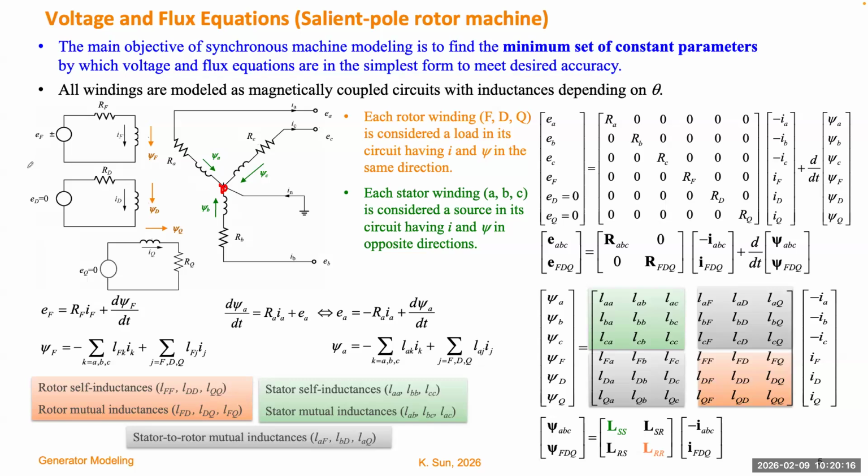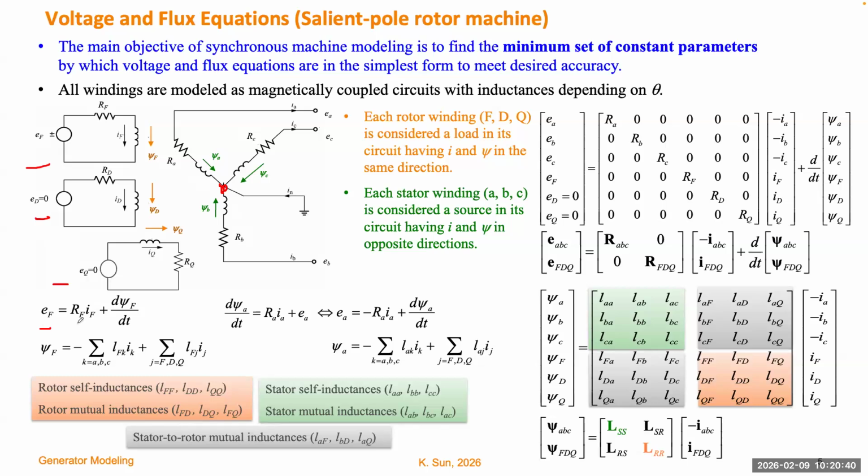And on the rotor side, the 3 windings are isolated from each other, so they don't have physical connection, but all the 6 windings are coupled by the same electromagnetic field. To list the equations, we can have one voltage equation based on the Kirchhoff voltage law for each winding.